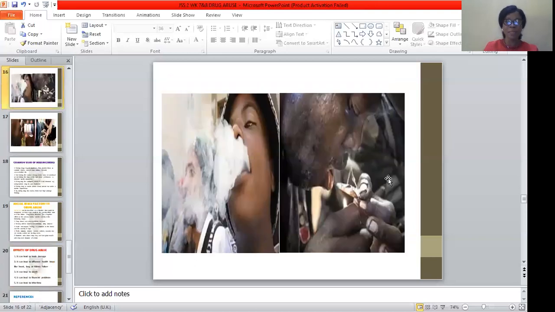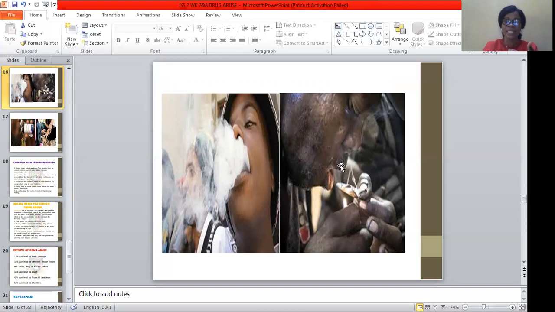So let's look at pictures of what I've just explained. The first one I explained is smoking. You can see when you smoke a cigarette, you put it between your lips and you smoke and let out the smoke from your nostrils or your mouth. The second one is inhalation.